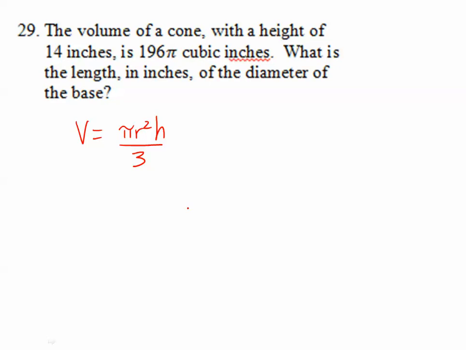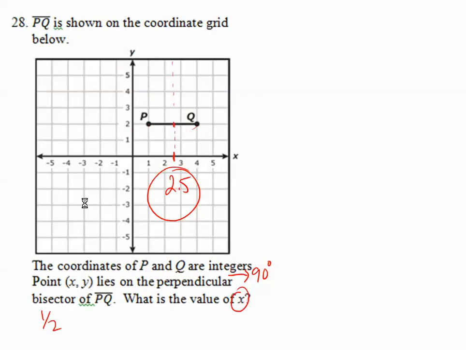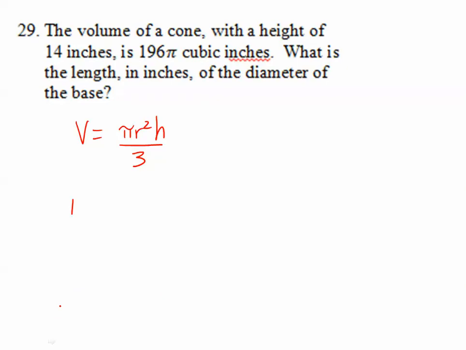So 1/3 pi r squared times the height. So if I put volume in there, I get 196 pi equals pi times the radius squared times the height, which is 14, divided by 3.